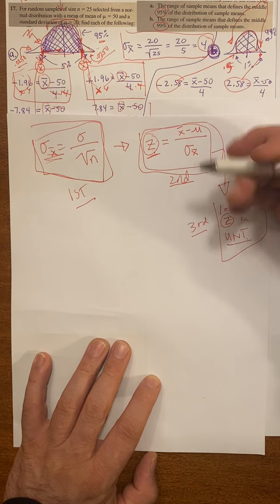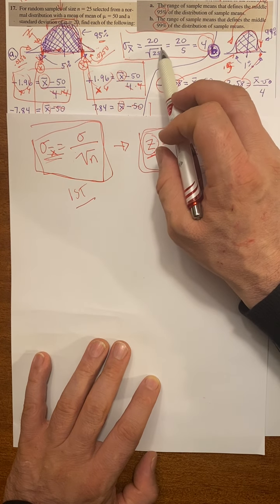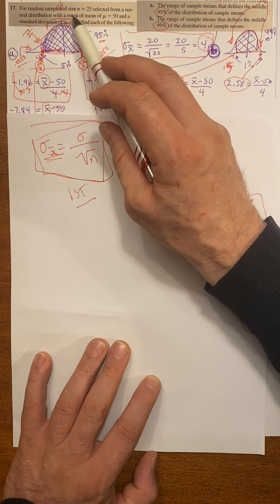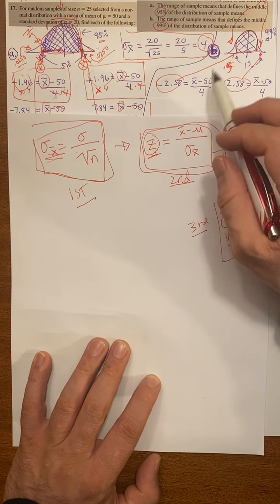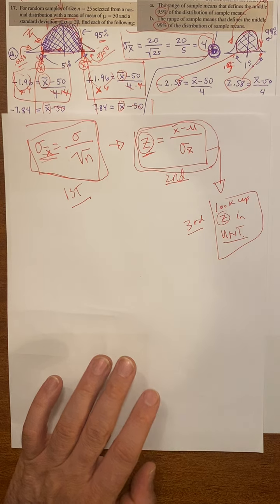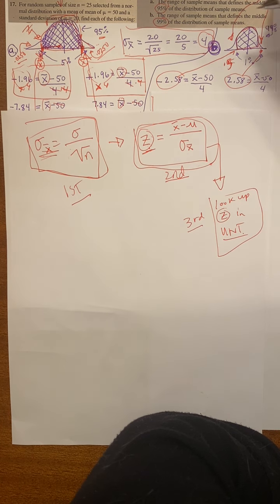We also still have the same standard error that we had before. In problem B, we still have a standard deviation of 20 and an n of 25. So that still gives us this standard error of 4 here. So now at this point, what we're doing is figuring out what is the sample mean value that's going to go here and what is the sample mean value that's going to go here.